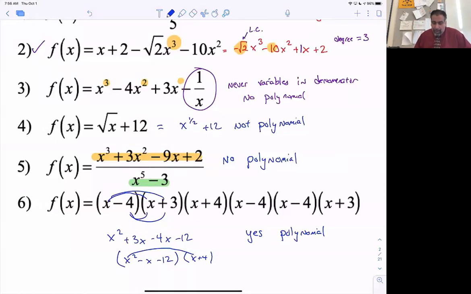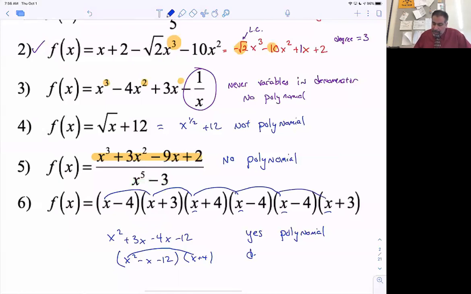One thing you can predict, though, is because all these x's are just 1x, that's how I'm going to get the x to the 6th, the highest power. So we know if we just multiply, let me erase so you can see what I'm doing here. If I just multiplied that x times that x, that's going to get me the x squared. Then if I continue to multiply by that x, I'm going to get the cubed, the 4th, the 5th, and the 6th.